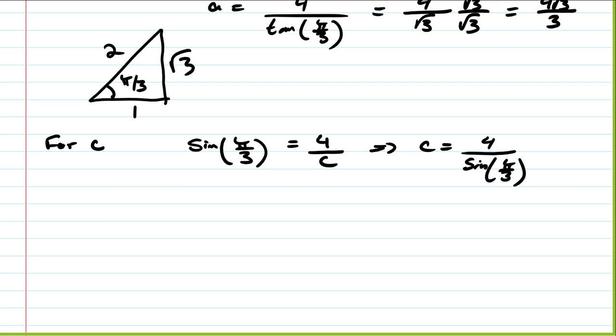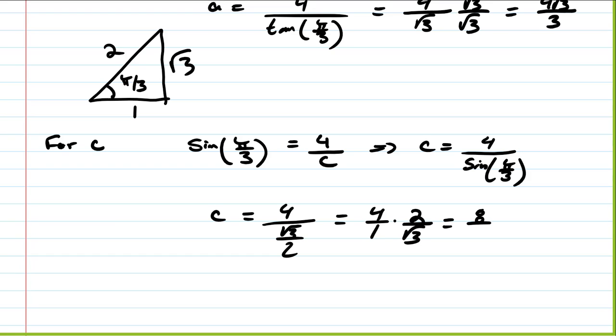This time, sine is opposite over hypotenuse. So C is equal to 4 divided by root 3 over 2. So that's 4 over 1 times the reciprocal. So that's 8 over root 3. Rationalizing our fraction, we would get 8 square roots of 3 all over 3.